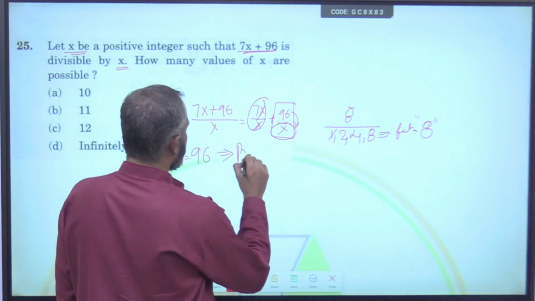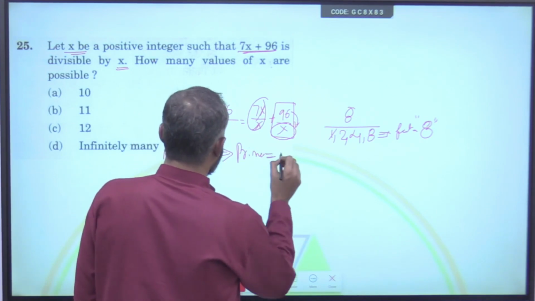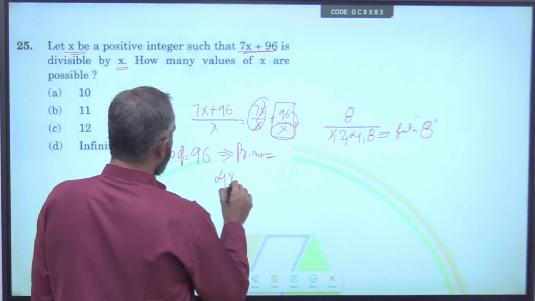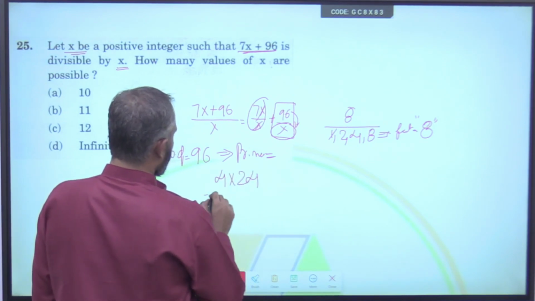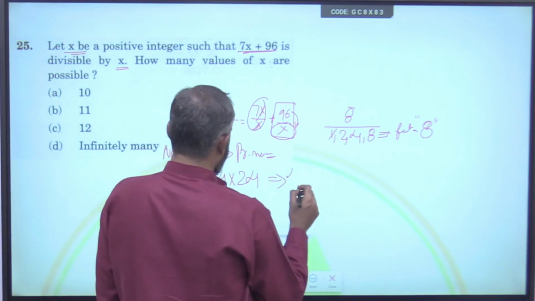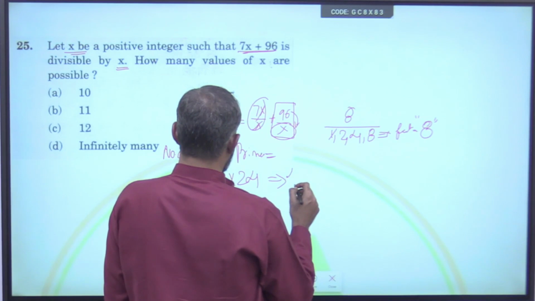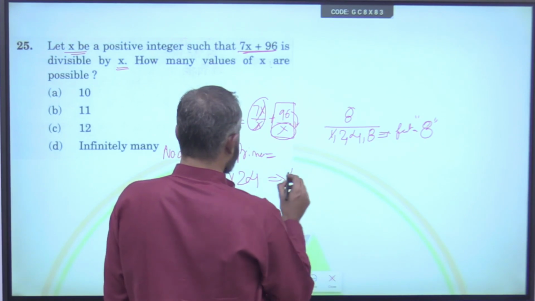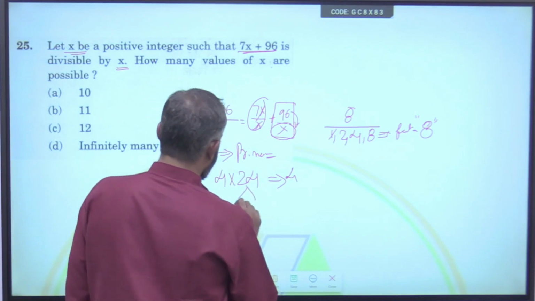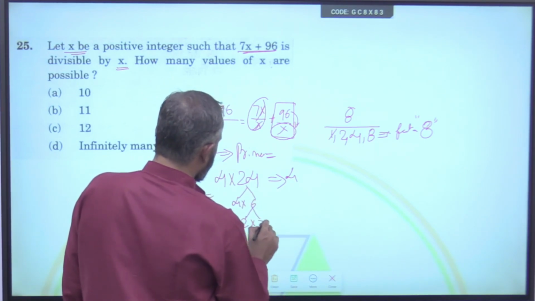Prime factorization. 4 into 24, and this can be further divided. Just keep on dividing this. 4 into 6, and this 6 can be 2 into 3.